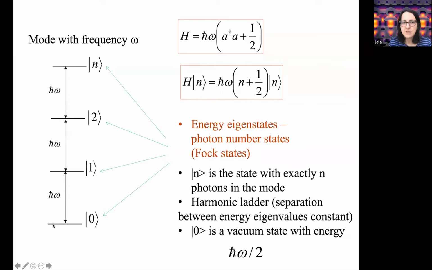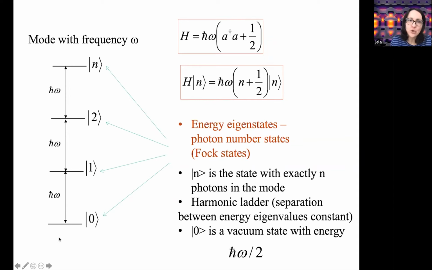The ground state energy is h bar omega over 2, which is the vacuum state, right? So you have no excitation in the system, but the energy is still h bar omega over 2. And then all of the subsequent states are separated by h bar omega, which is the energy of a single photon, right? You cannot really add a quarter of h bar omega, right? Here, eigenstates are just separated by h bar omega.